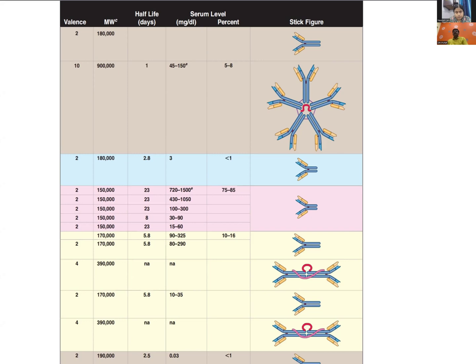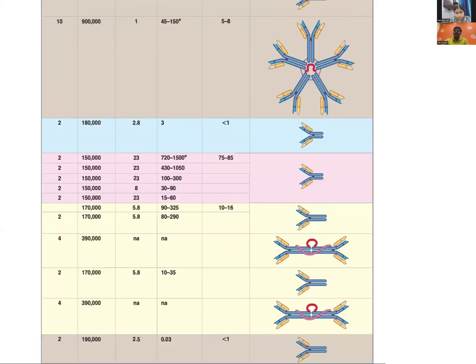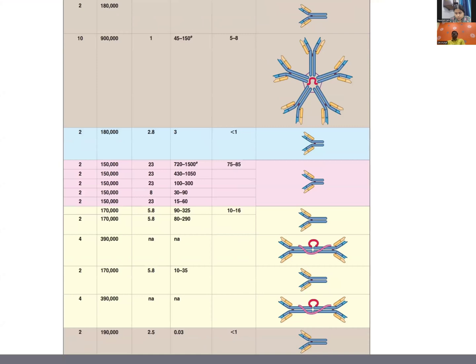And then IgA is a dimer. That means 2 molecules joined together. IgE, IgG, IgD are monomers, meaning single molecules, but with different molecular weights. You don't bother about the molecular data and everything.